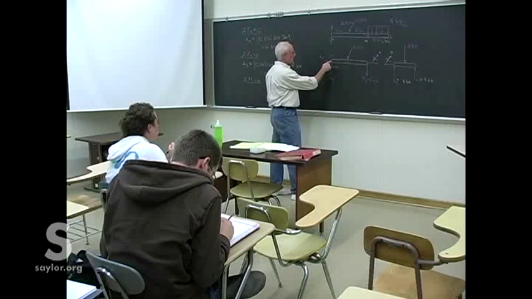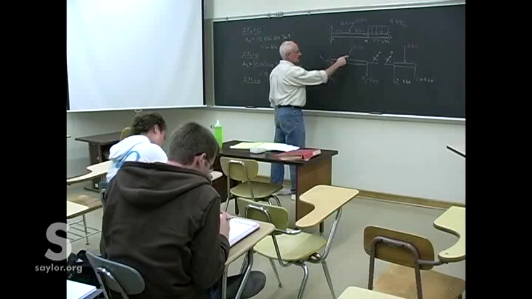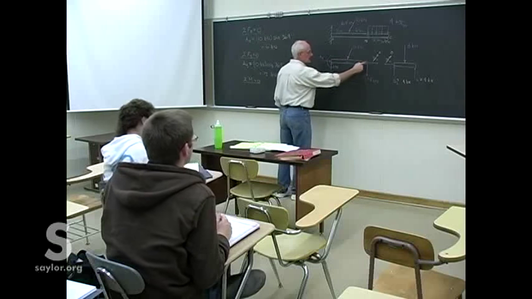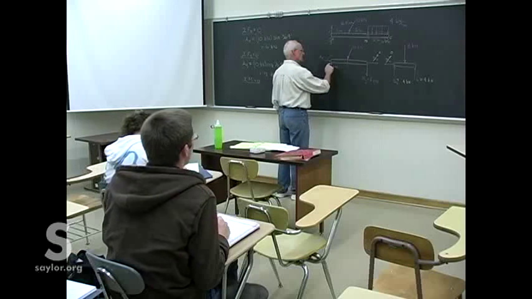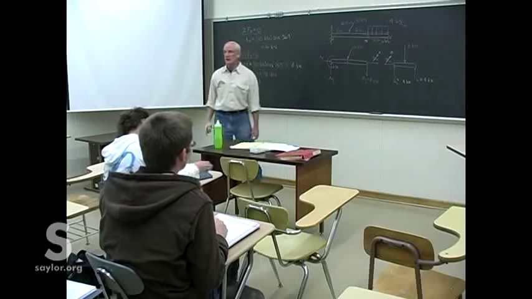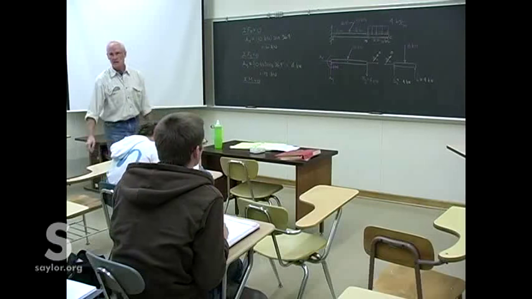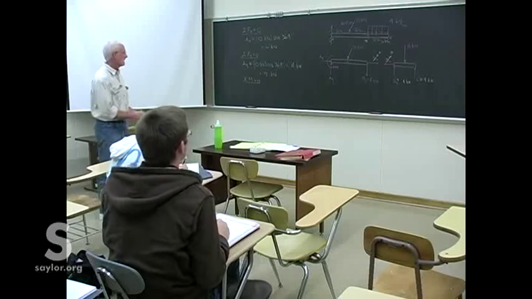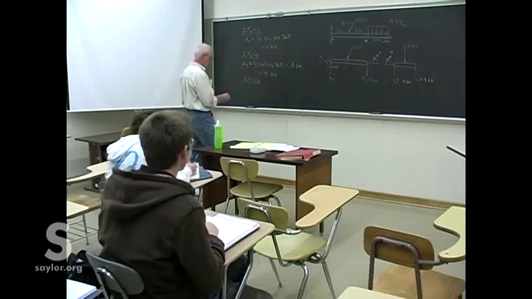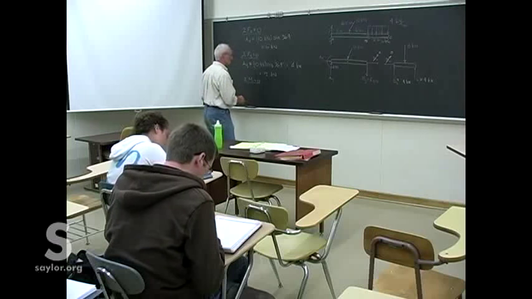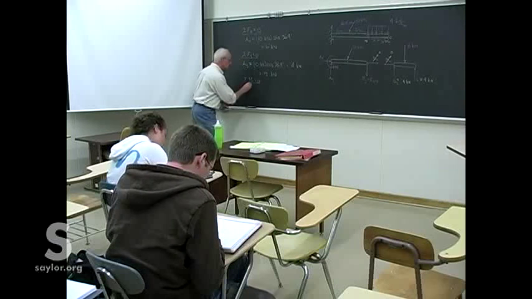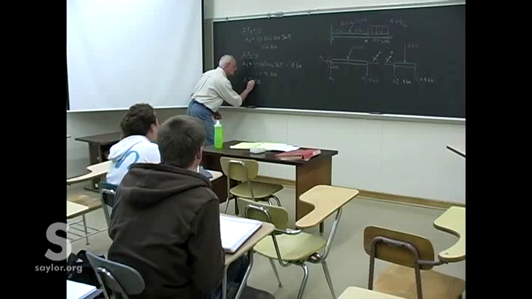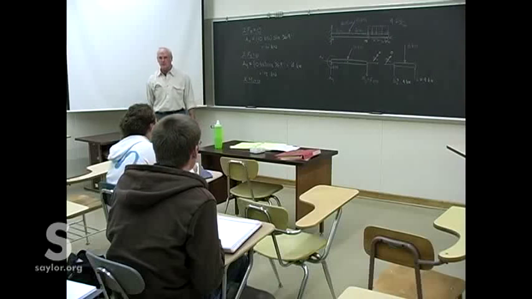If we did this point, we'd still have that force and that force. So it doesn't really matter. Either way, we're going to have two forces in there, so the mathematics is not going to be simpler either way. So we'll do the midpoint. We'll do moments summed about the blue dot.